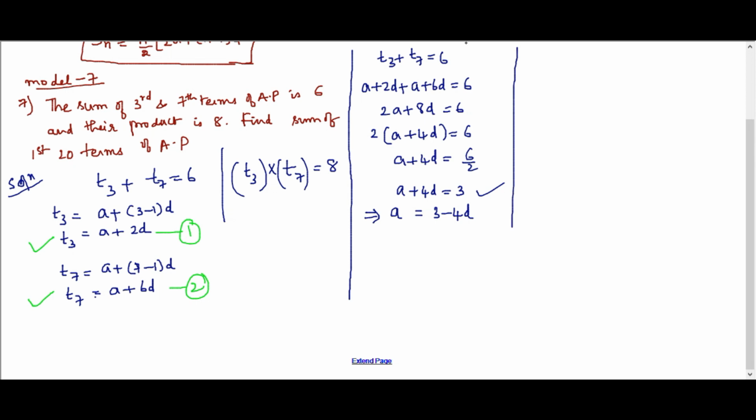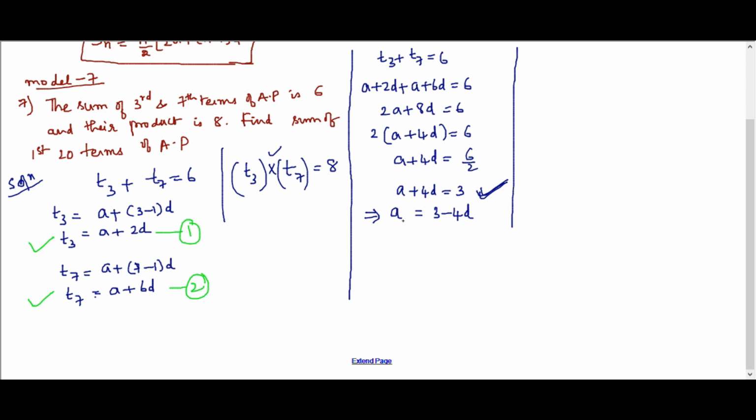We can solve this way or that way, it's up to you. But if I had two equations or two relationships, like in the previous model we have seen, wherein two equations are given in addition form or subtraction form, then it's convenient for us to keep it in that form and then solve it. But when it comes to product, we can't do that.